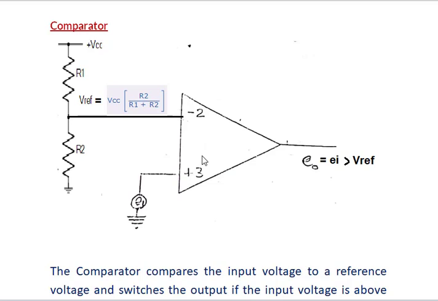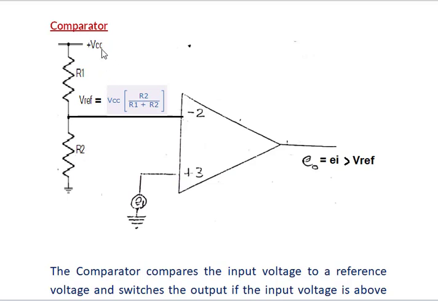We know well that the operational amplifier has two inputs, one is the inverting input, one is the non-inverting input. This comparator compares against the reference voltage. The reference voltage is the external voltage applied to the potential divider resistors, R1 and R2.